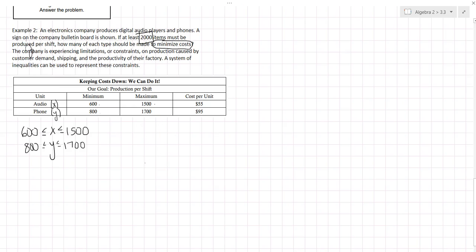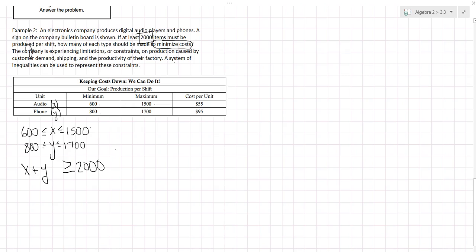Okay, and then we have to look at the 2,000 they gave us. At least 2,000 items are produced per shift. At least means greater than or equal to 2,000. And we have two items produced, audio and phone, and those have to be together greater than or equal to 2,000. So those are the three inequalities that we're going to graph.